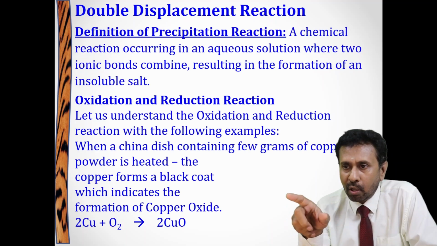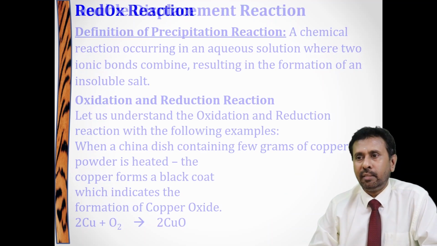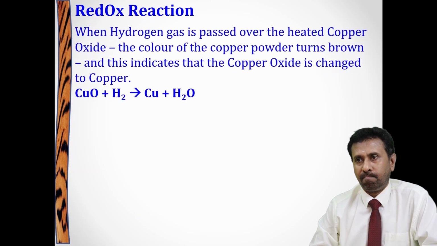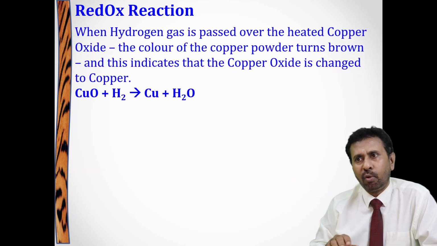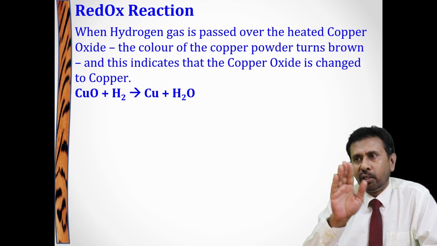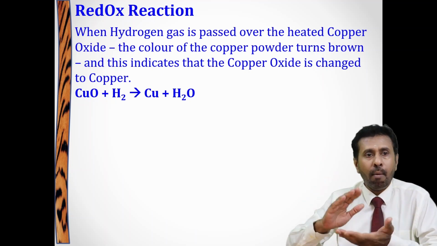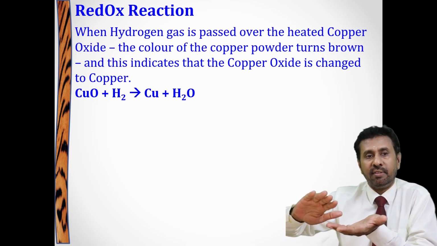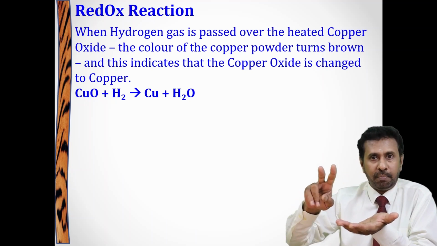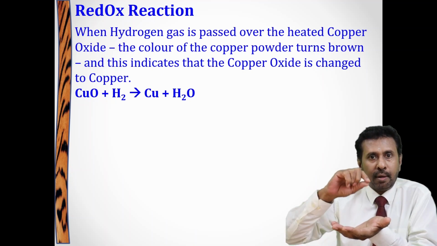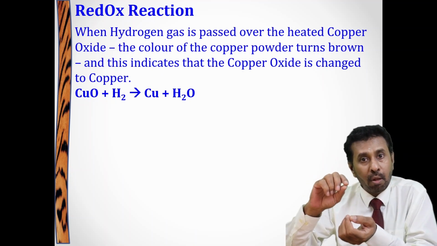Copper gains oxygen, CuO, hence this is oxidation. And when hydrogen is passed over that CuO, we get Cu and H2O. Now copper loses oxygen. So two types of reactions: copper gaining oxygen, copper losing oxygen.